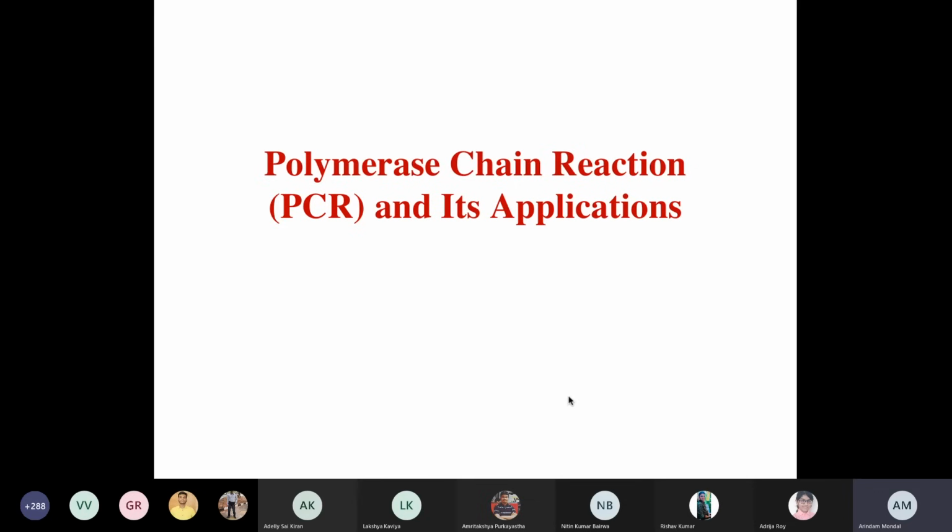From 10 virus particles you will get a very little amount of genetic material. Now it's not possible to detect this very minute amount of genetic material, whether it's coming from coronavirus, dengue virus, or influenza virus. In order to detect it, you have to amplify that particular piece of genetic material, whether it's RNA or DNA. How are you going to amplify that? You have to use the polymerase chain reaction.